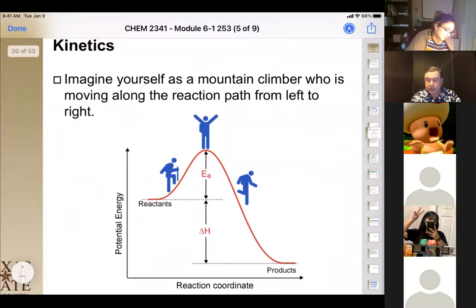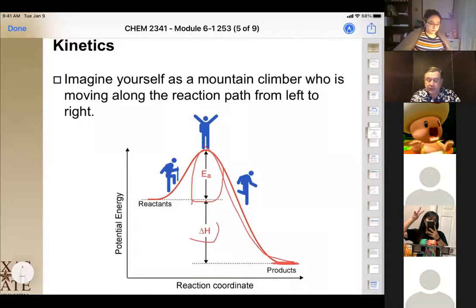So in this diagram, our activation energy is getting to the top here. And where we end up, that is where our change in enthalpy lies, or our delta H. This is our enthalpy component. This is our thermodynamic component. This is controlling our rate.